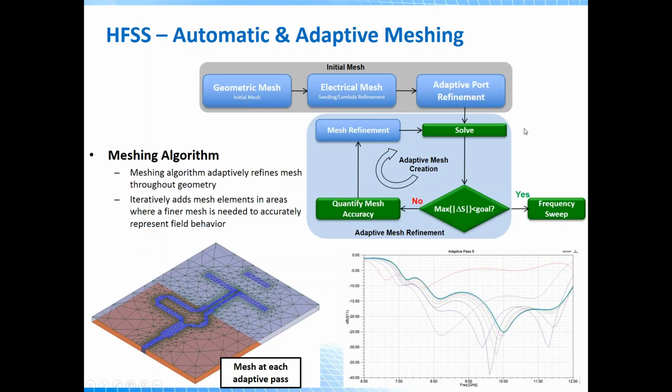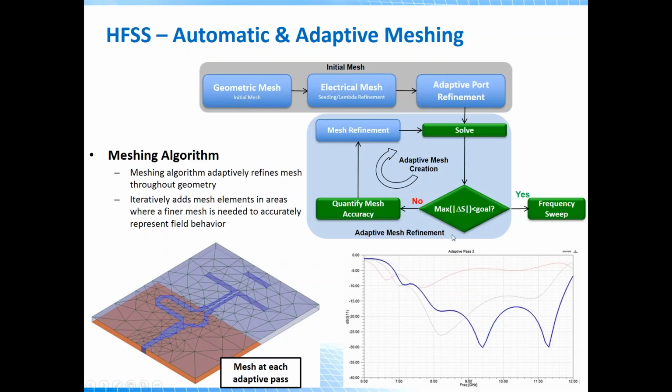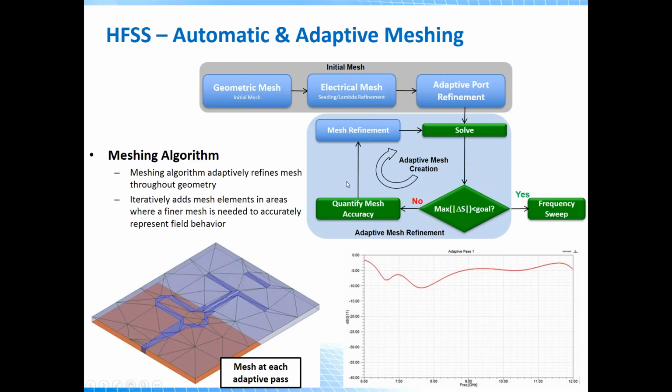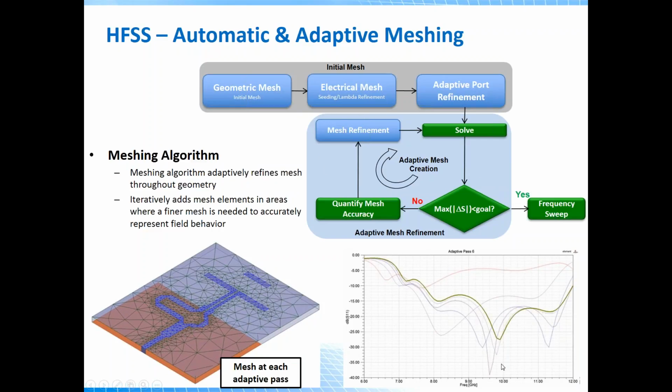It continues the mesh refinement until it achieves the goal, and then it stops and goes to the frequency sweep. But if it's not satisfying the goal, it goes back and does the mesh refinement, until it gets the proper response, as you can see here.